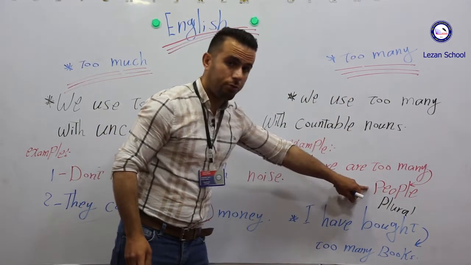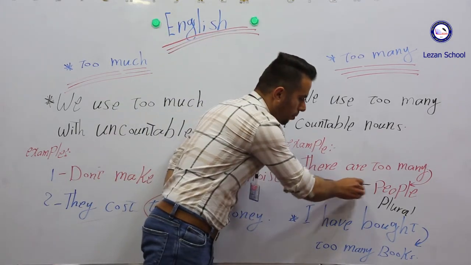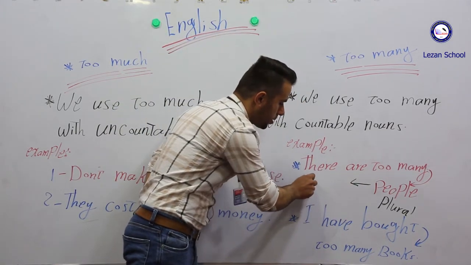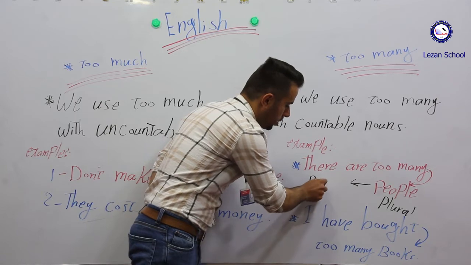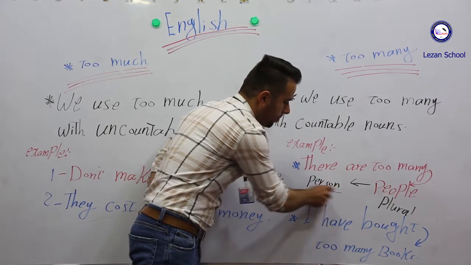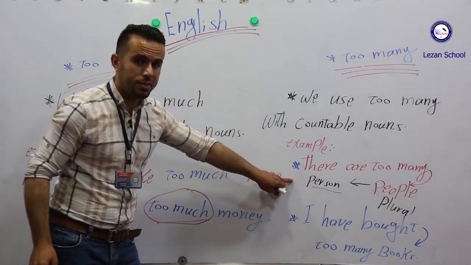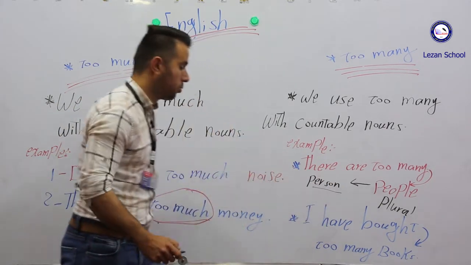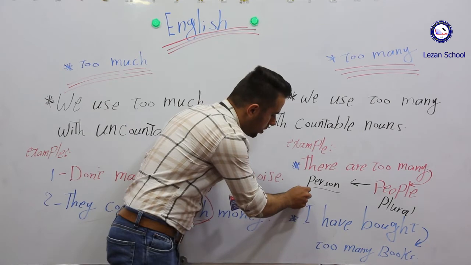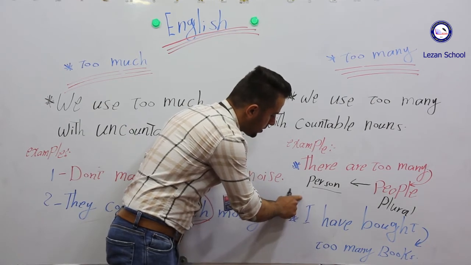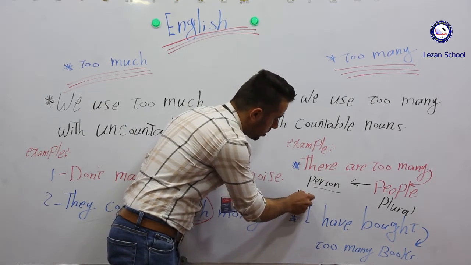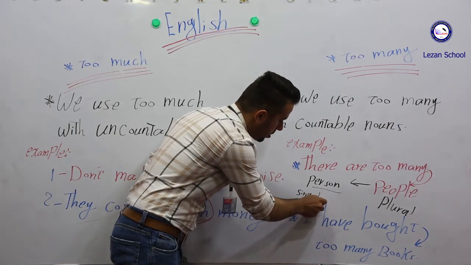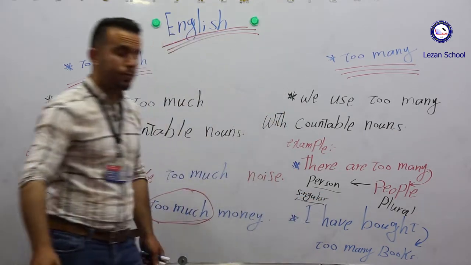But the singular form is what? Person. Person is singular, but people is plural.